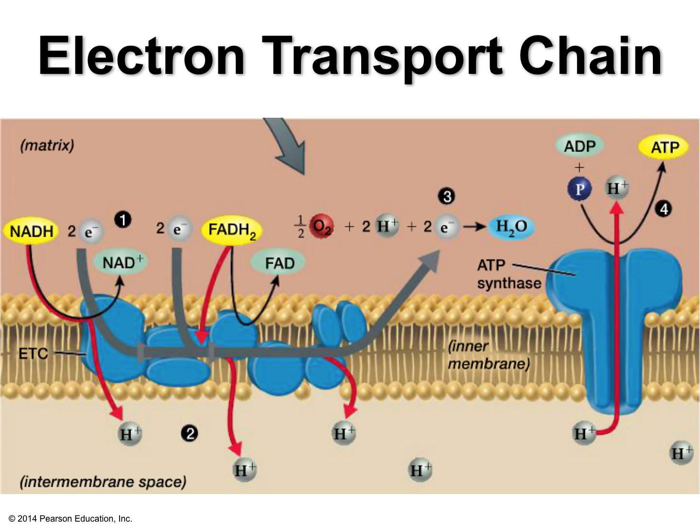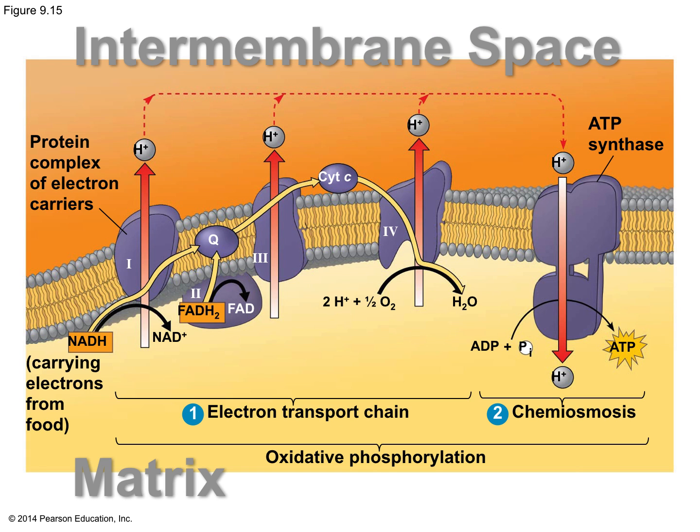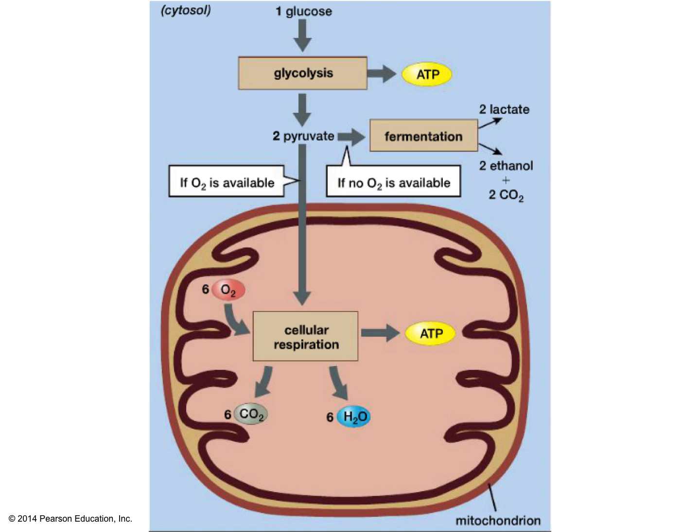This diagram shows the same idea as this diagram. Notice that this is inside of a mitochondria, and not just that, but it borders the inner wall of the mitochondria.